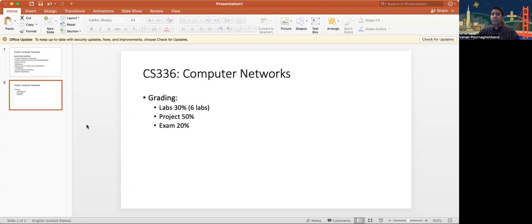We will have one large-scale project in this course, which will be 50% of your grade. In that project, there are 2 parts. We will implement 2 different network measurement tools and applications. One is a client-server application, where the client and server work together to detect something.